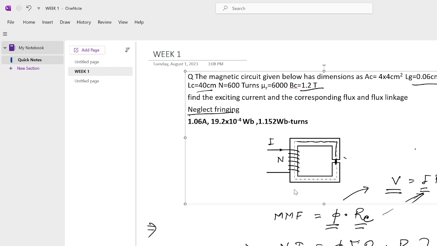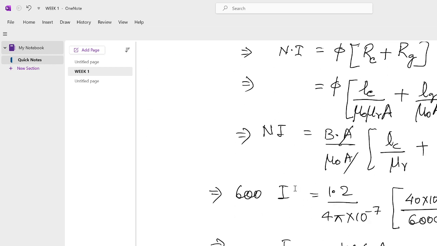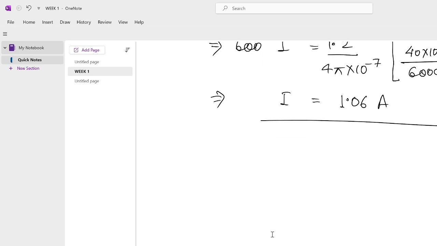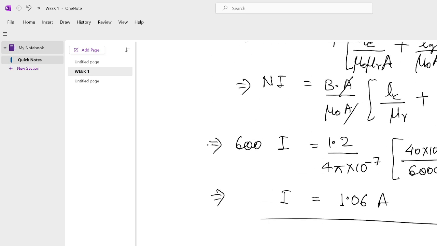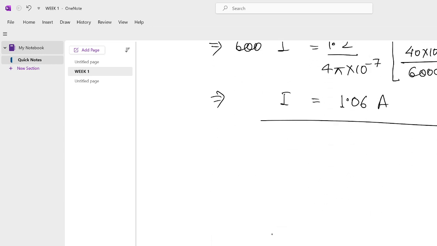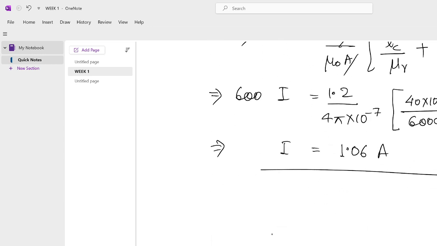Ayush, did you get the answer? Yes, sir. Is it matching with mine? Once you have got the current, 0.0106, you are getting 0.0106 and not 1.06? Yes, sir.